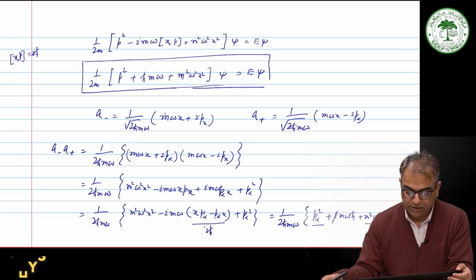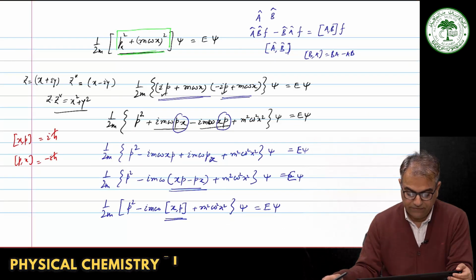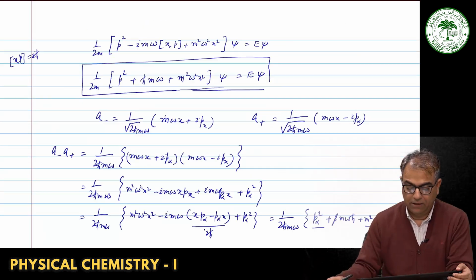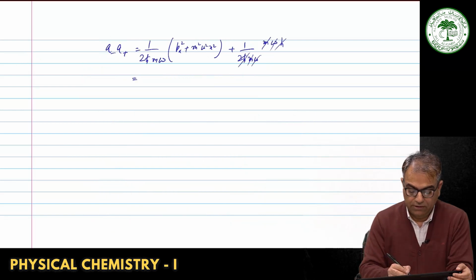If you compare this with this one, you have 1 by 2 m is the Hamiltonian. Okay. So, this is Hamiltonian 1 by 2 m. So, 1 by h cross omega remains, and you have Hamiltonian here and plus 1 by 2.